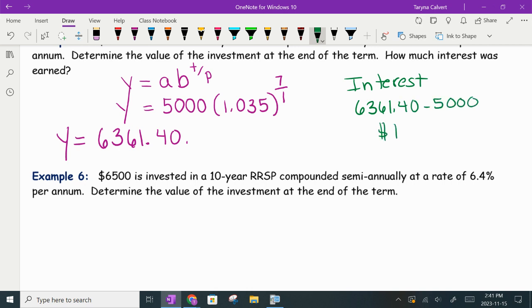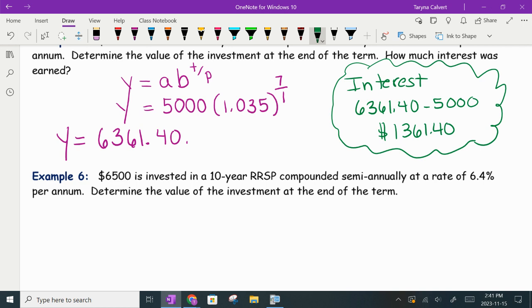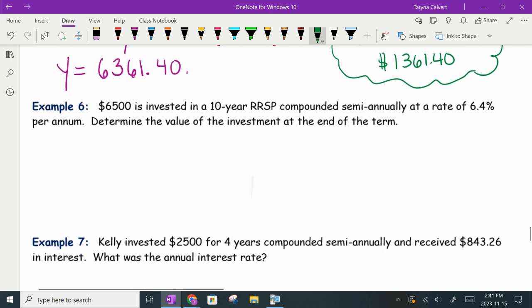So $1,361.40. So when it's annual like that, to me, this question is basically what we did above. Nothing crazy. Everything just went in beautifully, and we did our calculations. But what happens when it's non-annual?